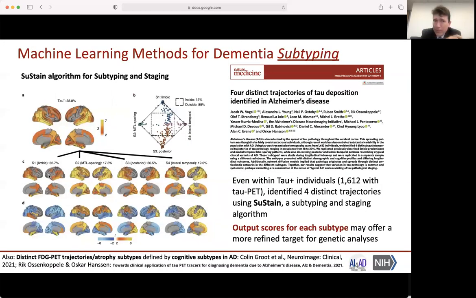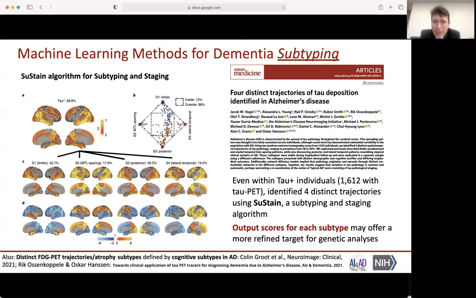Now, it's a bit of a simplification to say that disease processes evolve identically in all patients. And so another use of machine learning, a very elegant paper by Jacob Vogel and colleagues, is to do subtyping and staging. So you may have collected a series of longitudinal images from a large number of patients. And it could be the case that you could cluster those spatiotemporal evolution patterns into distinct trajectories that characterize different subtypes.